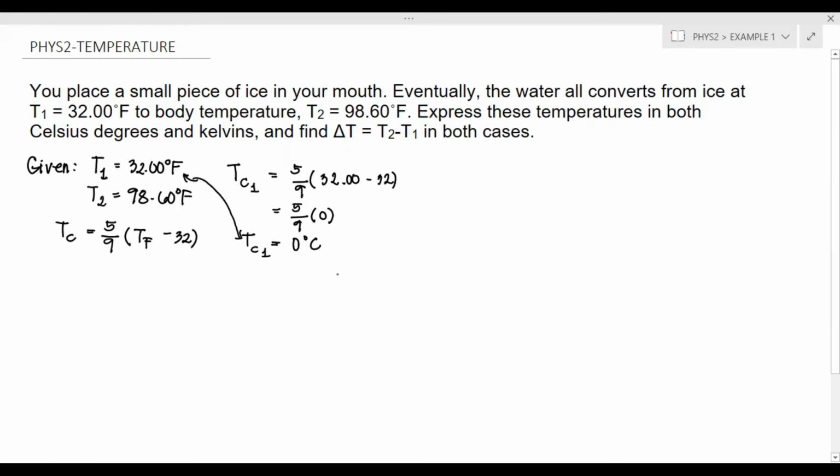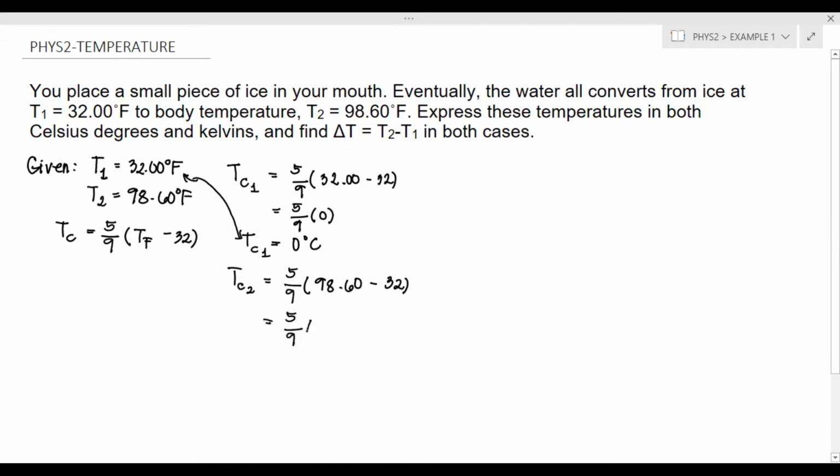Now for the T2, that's 5/9 times 98.60 minus 32. So you subtract first before multiplying with 5/9.